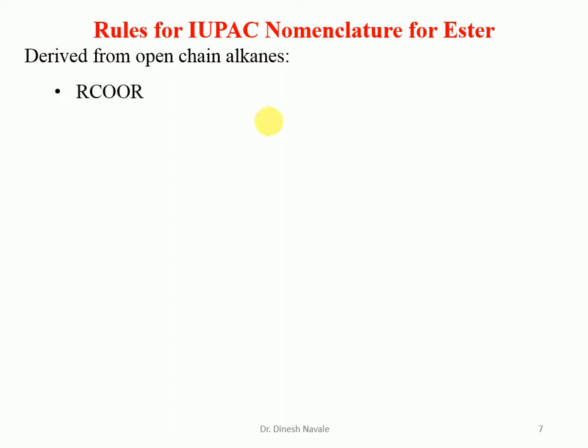RCOOR is the functional group for any ester molecule. The functional group we can write as COOH, but it can be written as COOR. The functional group can be prepared from the carboxylic acid. So COOH on reaction with alcohol will give the carboxylate ester.